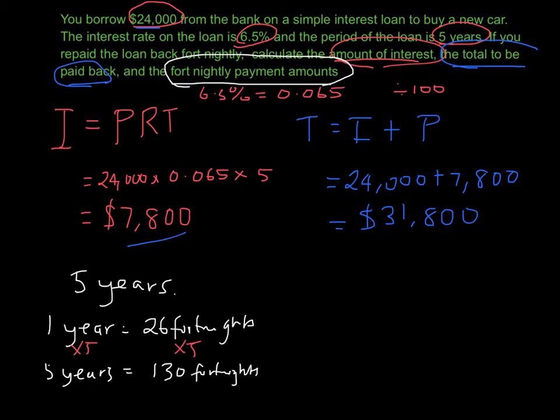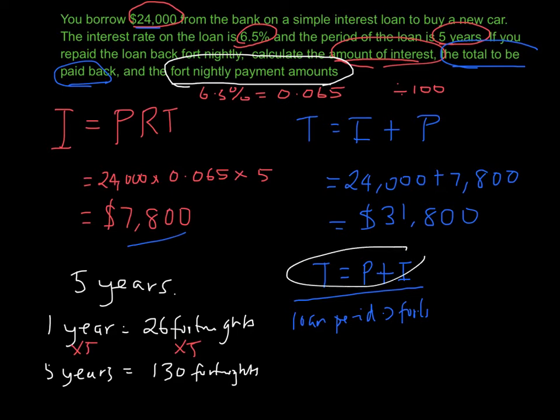over a 5-year period. So therefore, to work out how much I'm going to pay back every fortnight, I am going to do the total amount, which was the principal and the interest, and divide that by the loan period, and in this case it is in fortnights. So simply I've already got those two values.